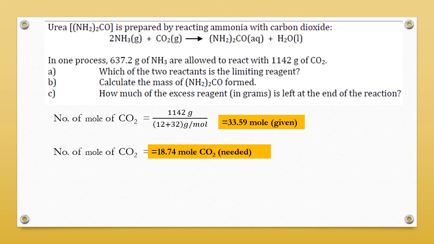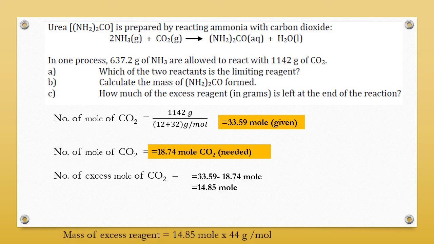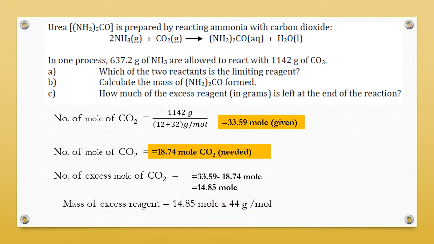So to find the excess mole, we can use the number of mole given minus the number of mole needed. So I have 14.85 mole left. Okay, so to find the mass of excess reactant, I can use the number of mole multiplied by the molar mass, which the mass of excess reactant will be equal to 65.34 gram.